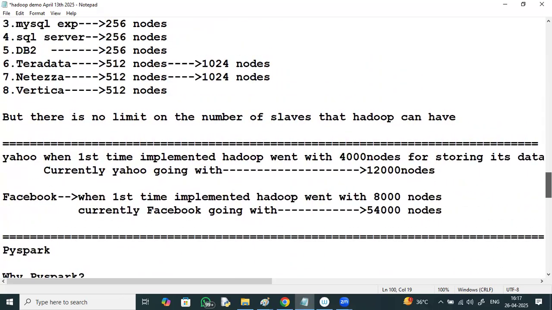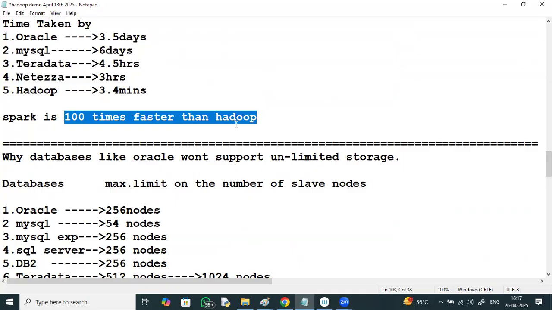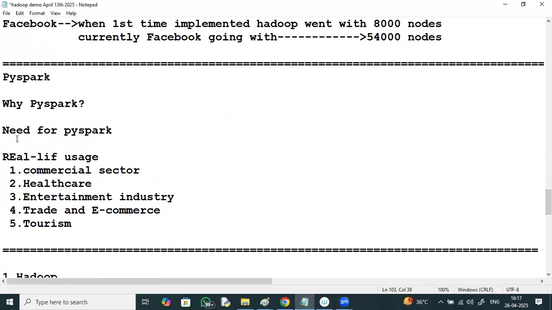So here, even I said Spark is 100 times faster than Hadoop. Spark is 100 times faster, right? In our course we will be discussing PySpark, Spark with Python implementation, right?